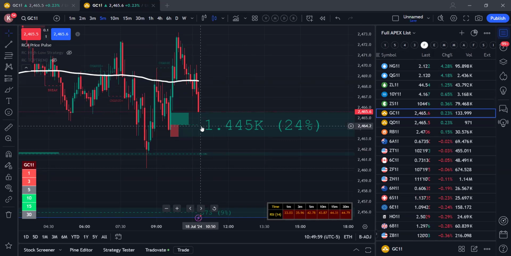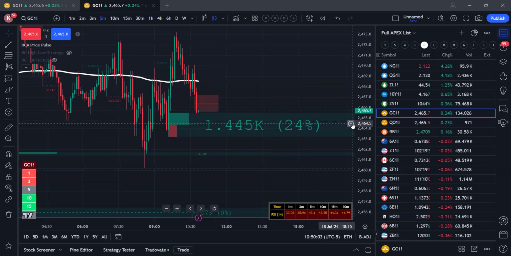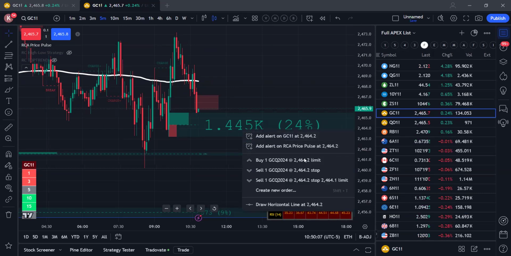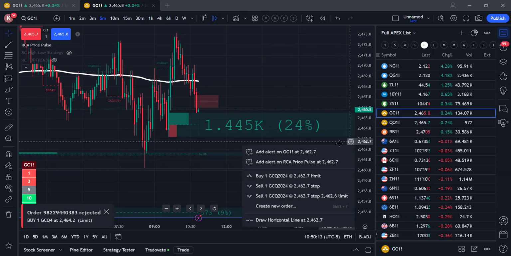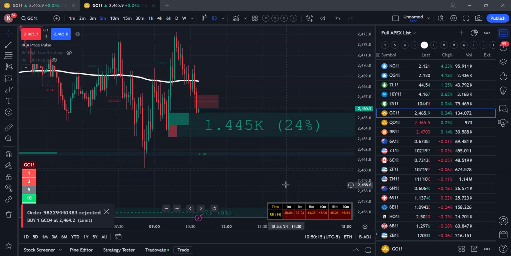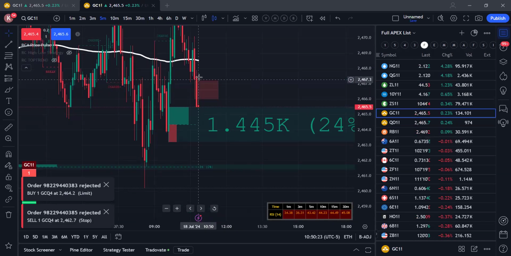If gold comes here, there is a high possibility for a bounce. I can put my stop loss here because if it bounces from here, it can go all the way minimum till this point.